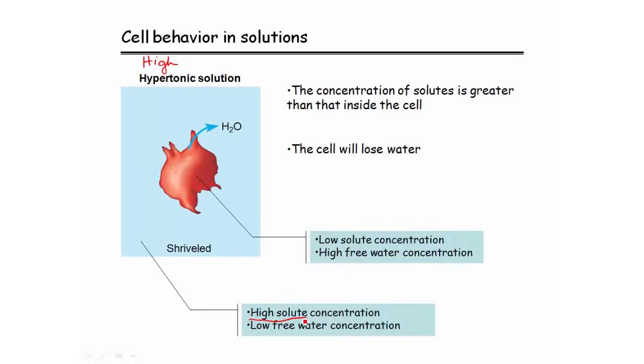Well, the reason for that is because salt water is obviously very salty. That salt is a solute in the water. And since there is so much salt there in the water, it's going to be a very high solute concentration, and that's going to severely lower the free water concentration. And this free water concentration is going to be much lower than the free water concentration that you have inside your cells.